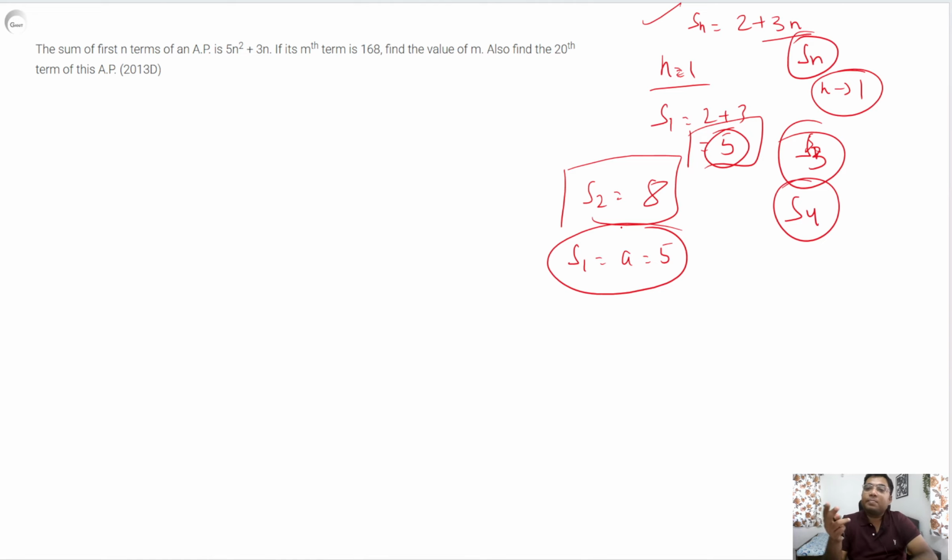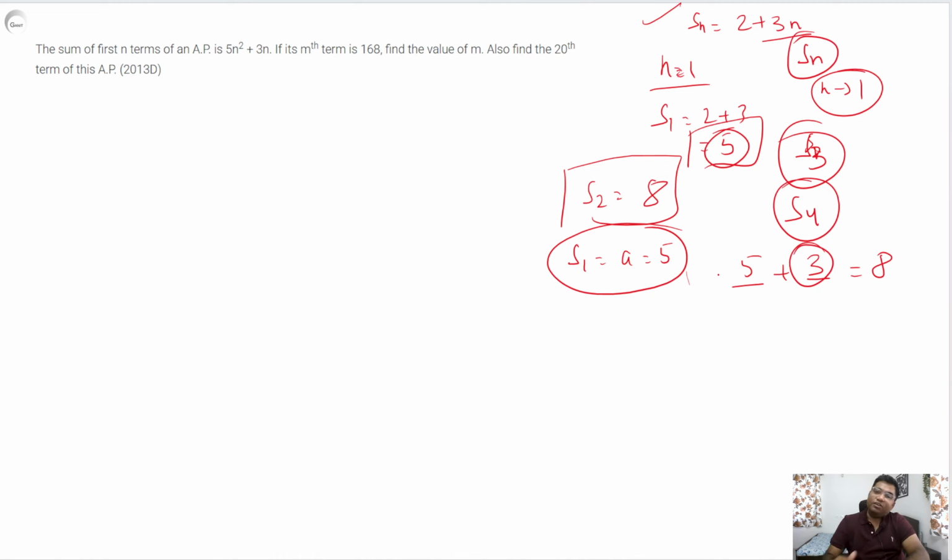It doesn't. S2 gives you the sum of the first term and the second term. So it is like a fill in the blanks. The first term is 5. And the question says the sum of first 2 terms was 8. Now it's your job to figure out the second term. And what is the fill in the blanks? It's 3.